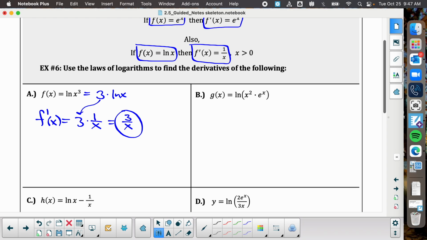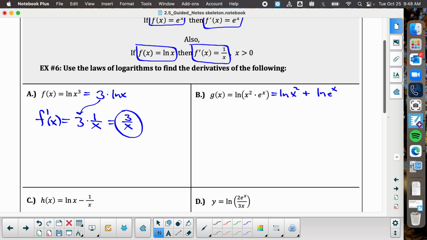Like, the very next one, we've got a natural log of multiplication. So the first property that we're going to use is that this can be rewritten as ln of x squared plus ln of e to the x. So if you have multiplication, you can rewrite it as two natural logs added.